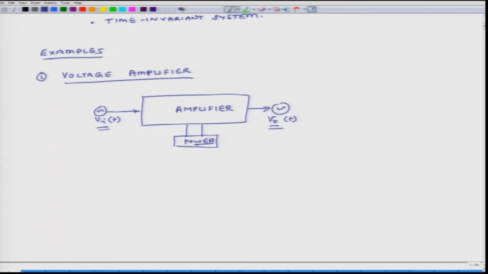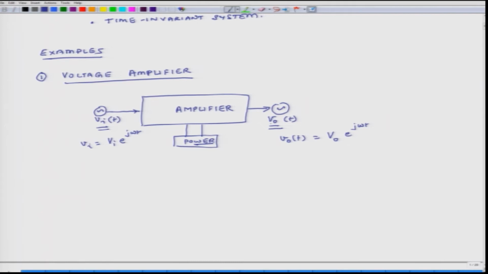It will be called the transfer function. So, let us say Vi is equal to some complex amplitude Vi times e^{j omega t}, and because the system is linear, what does that mean? That V naught will be some complex amplitude times e^{j omega t}.